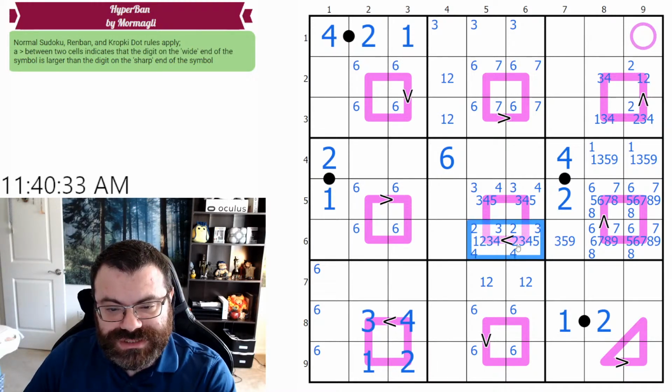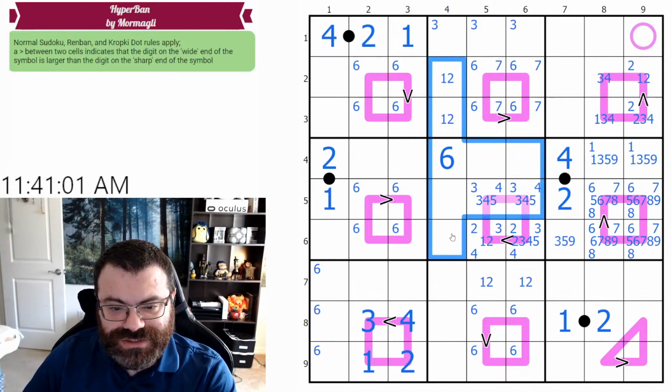We know one of these is a 2. So again, this lower digit can't be 3 or 4. That makes a 1-2 pair here. Oh, 1 in box 5 is just placed.